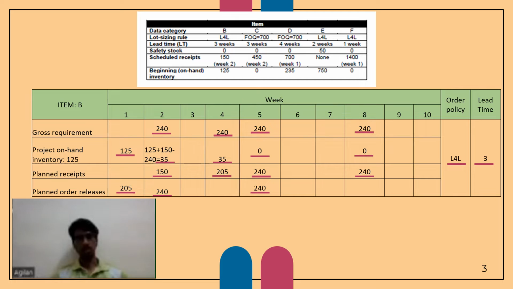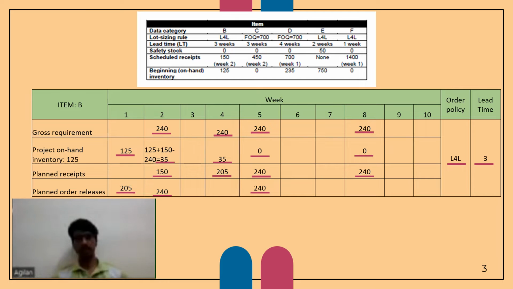For week 1, there is no gross requirement, but the projected on-hand inventory is 125. First of all, let me explain the 240 gross requirement in weeks 2, 4, 5, and 8.